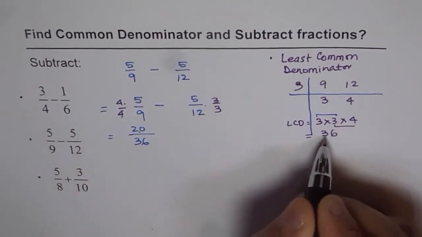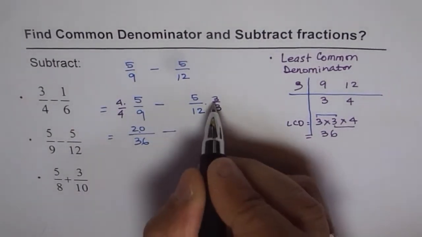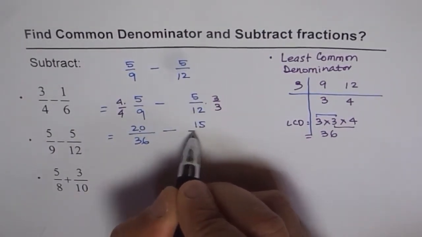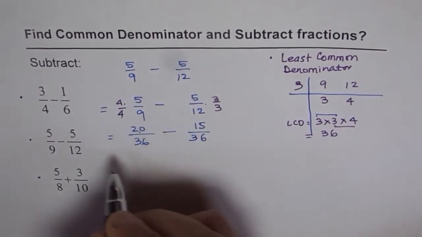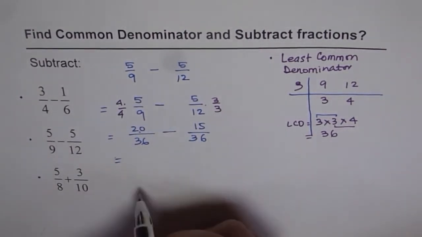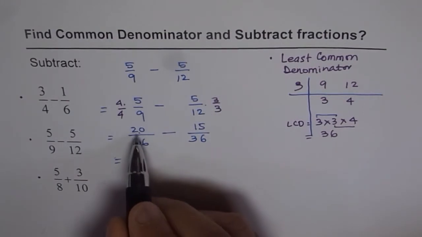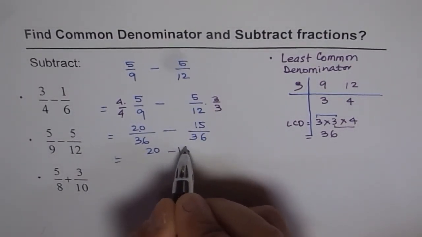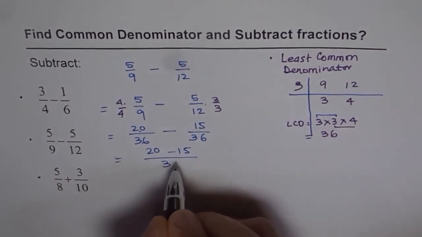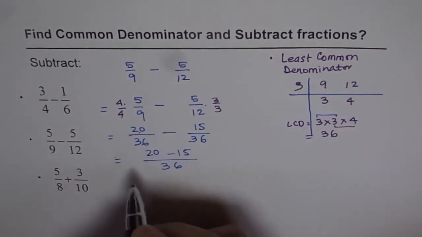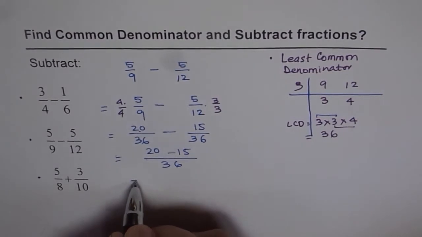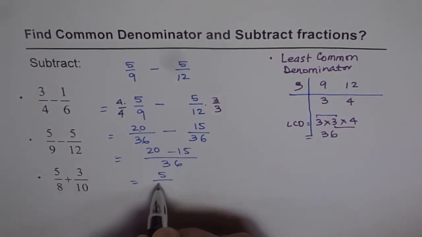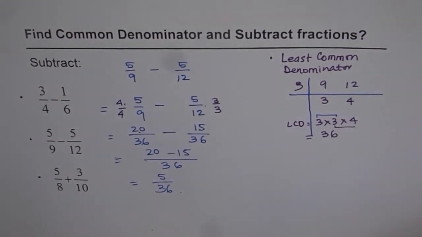The expected common denominator minus 5 times 3 is 15 divided by 36. And now, since we have common denominators, we can take away 15 from 20. So we get 20, take away 15 over the common denominator, which is 36. And that gives us 5 over 36. And that is our answer.